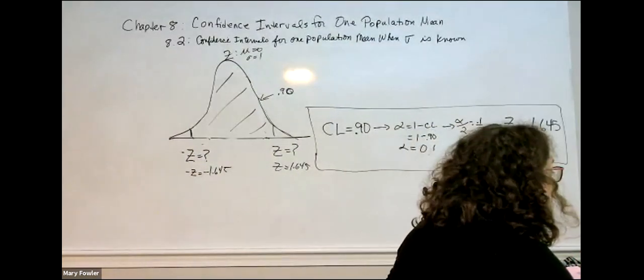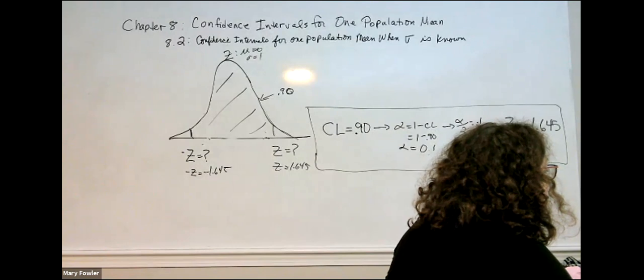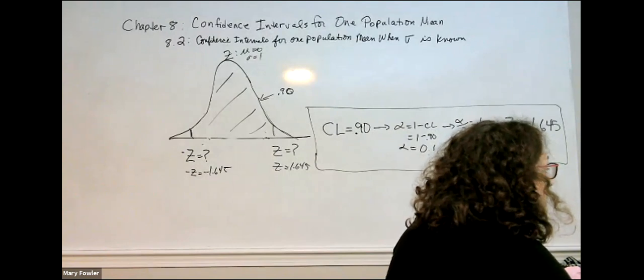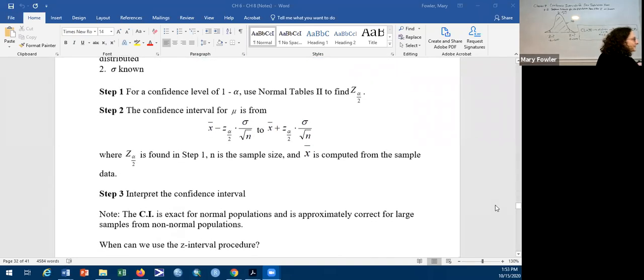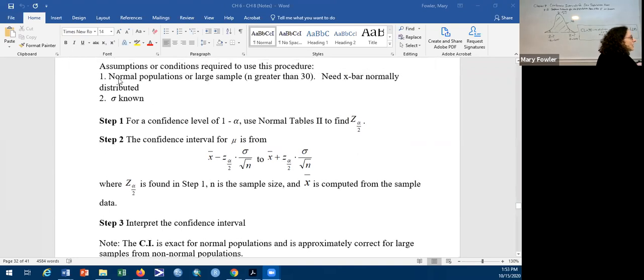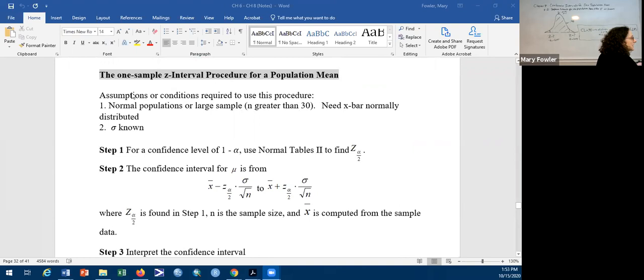And let's go ahead and look at the notes again. As we scroll through the notes, you see we have our recipe, which I usually like to take a moment on, not too long, right? We want to find the confidence interval and the assumptions or conditions that we've used in the process to come up with the procedure.